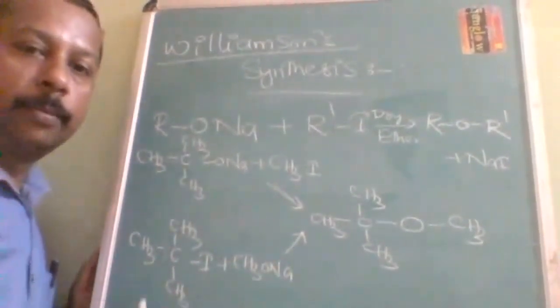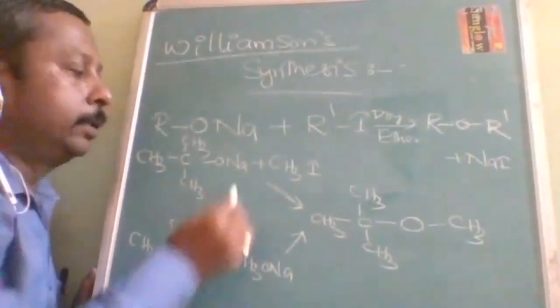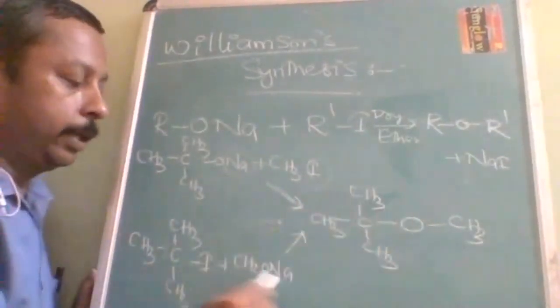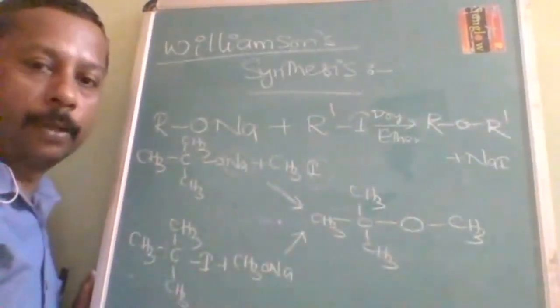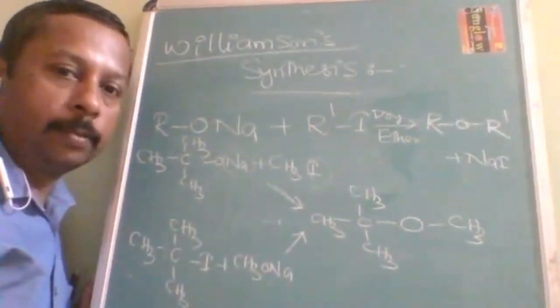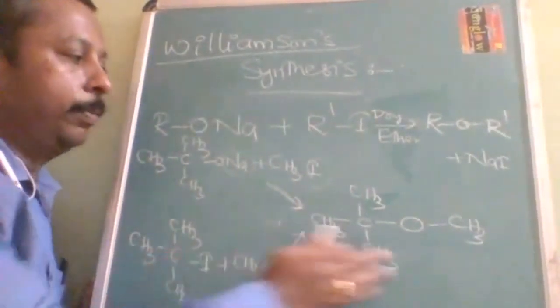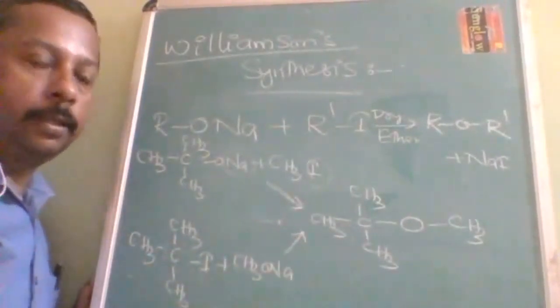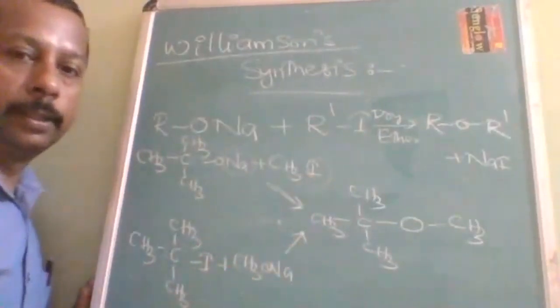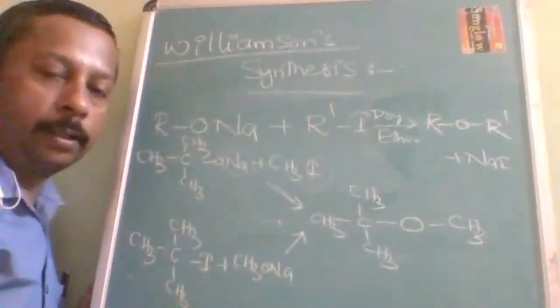So when you see it from the direction, just sodium and iodine will be removed and this will form. Sodium and iodine will be removed, it will form. But practically that is not possible. Even though it appears visually very easy, it is not like that.